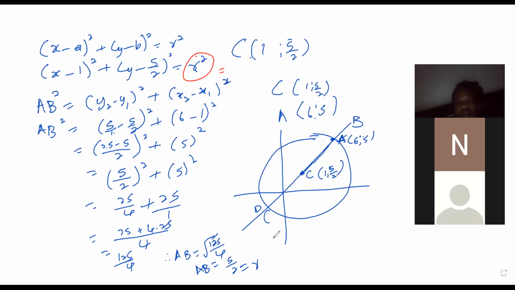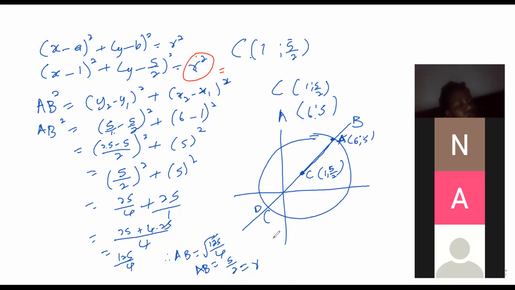Wait, guys, square root of 125 is not 5. I was still looking for my calculator. Okay, so that's not 5 over 2. Let's just leave it as the square root of 125 over 4.